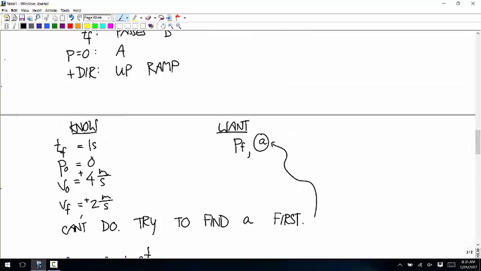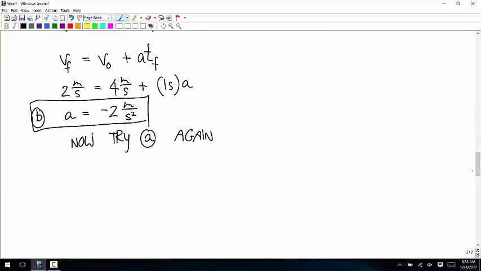Now that this acceleration is known, there are two equations you can use to solve for part A now. I'm going to use the one that says PF is equal to P sub 0 plus V sub 0 TF plus 1/2 A TF squared.